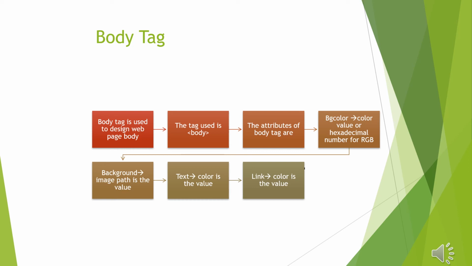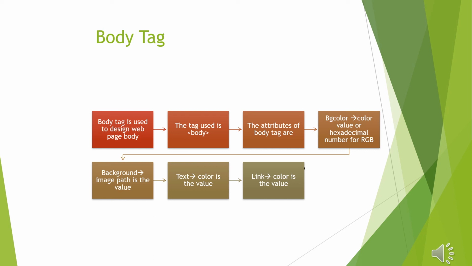Okay, now when I give 000000, the color that we are going to get is black. And when I give the color value as FFFFFF, then the color that we are going to get is white. Okay, 100% red, 100% green, 100% blue. The combined color is nothing but white. So that is the attribute, which is BGCOLOR.